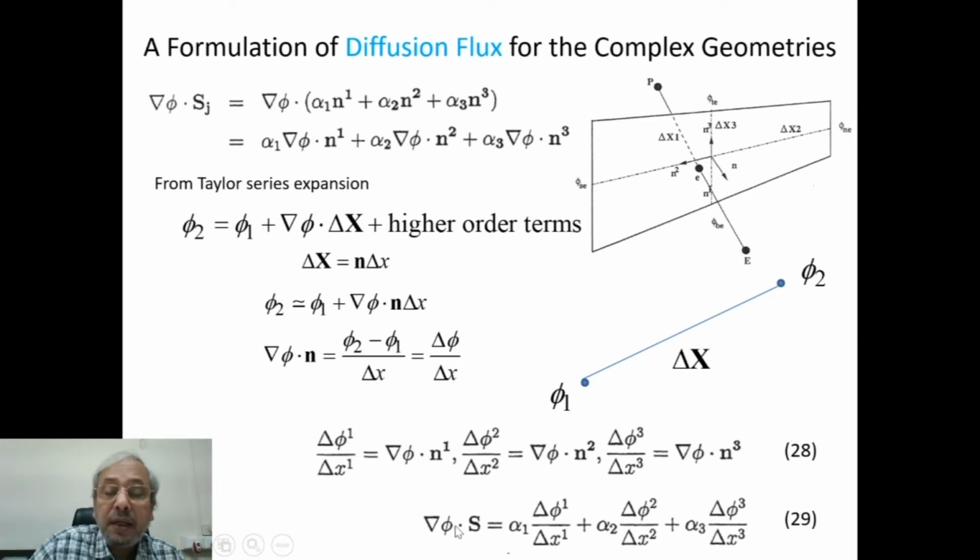So grad phi dot s, that's what, in the slide before, we defined as alpha 1 into delta phi 1 by delta x1, alpha 2 delta phi 2 by delta x2 plus alpha 3 delta phi 3 by delta x3. These are the special explanations we tried to give.